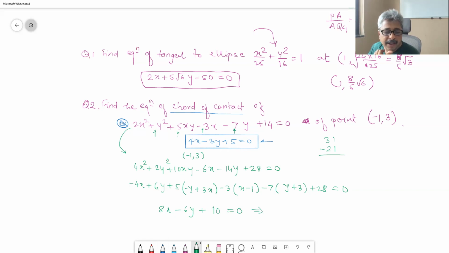My speed has slowed down a bit. 4x minus 3y plus 5 is equal to 0. What I am trying to tell you is, if you have many odd numbers, you multiply by 2 and then use the equation quickly. That should save your time. But if you are happy with half, I don't have any problem.